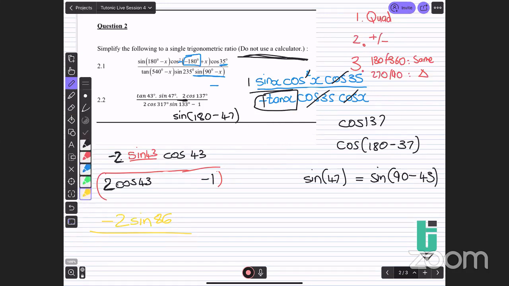Then you say 2 cos squared 43 minus 1, which is equal to cos 2 theta, so cos of 86. And how can we simplify this? It will be negative 2 tan 86. Oh, wow, mind blown.